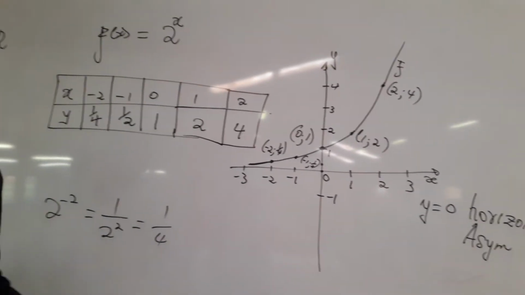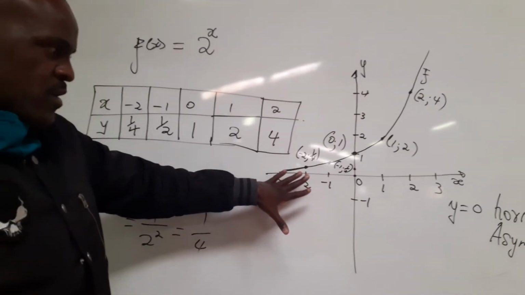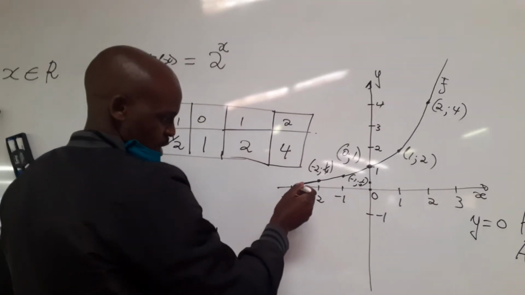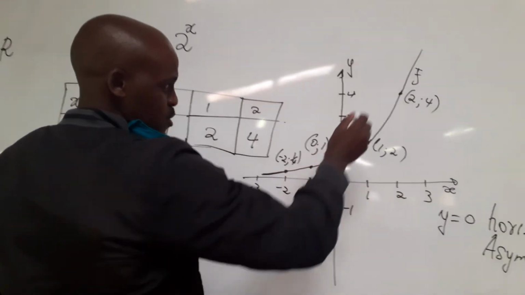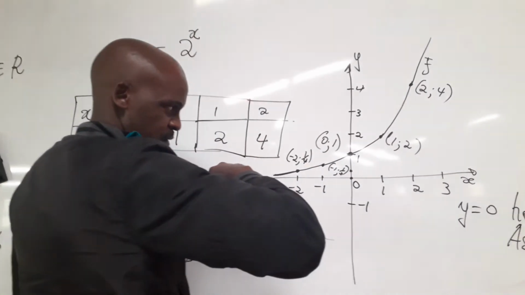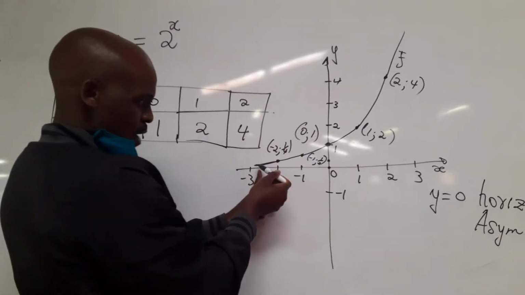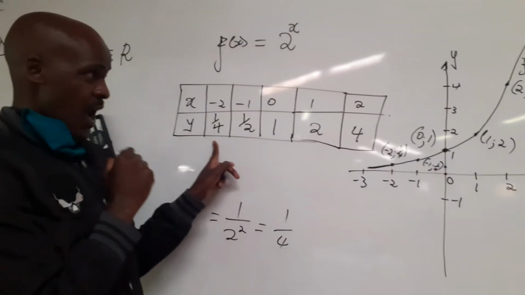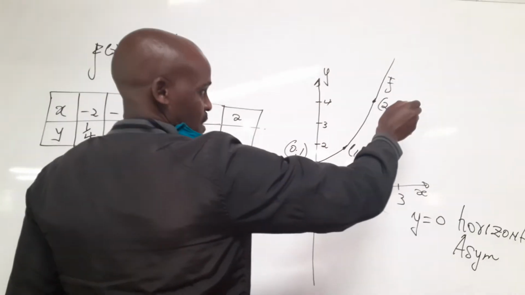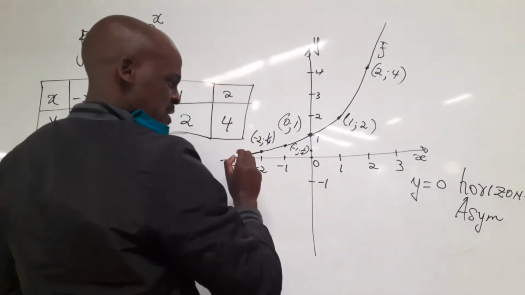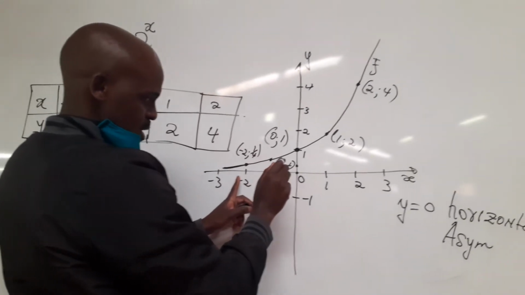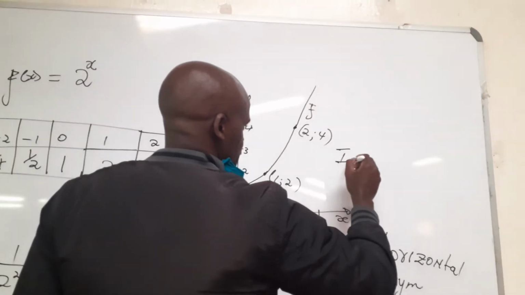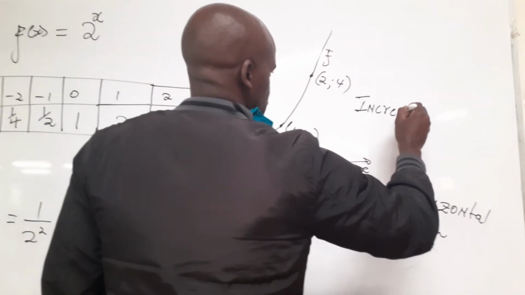Right, that's how our graph would be looking. Start from where x is negative up to where x is positive. It starts from where y is a smaller number, which is a quarter, up to where y is 4, which means our graph is increasing because x is increasing, also y is increasing. This is an increasing function.